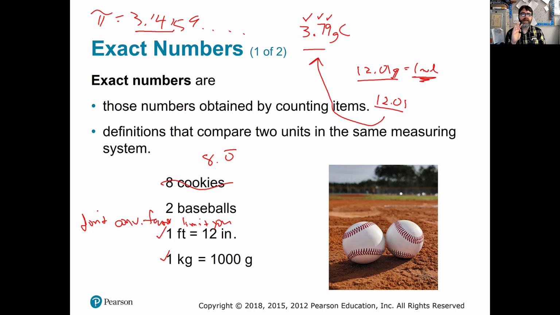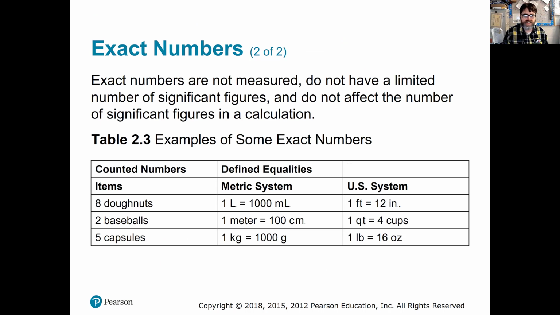And so that was just a useful trick. I kind of like it better, and I think I'm going to permanently teach it that way as we go on. Anyway, this here is just the same thing, but what it says here is exact numbers do not have a limited number of significant figures, and so then they don't affect anything that we do in a calculation.